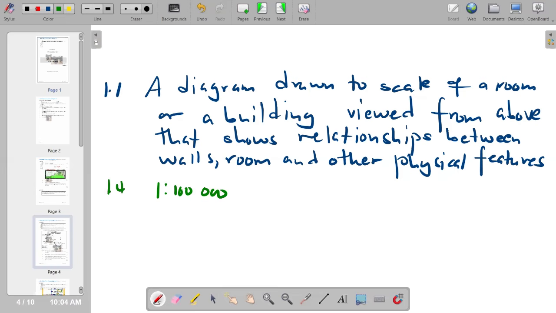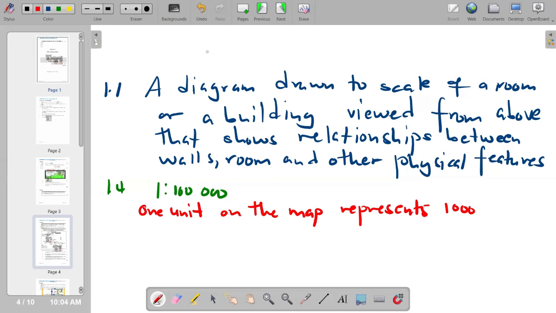Basically, putting it in writing, it means 1 unit on the map represents 100,000 units in reality. So this is what we have on 1.4.